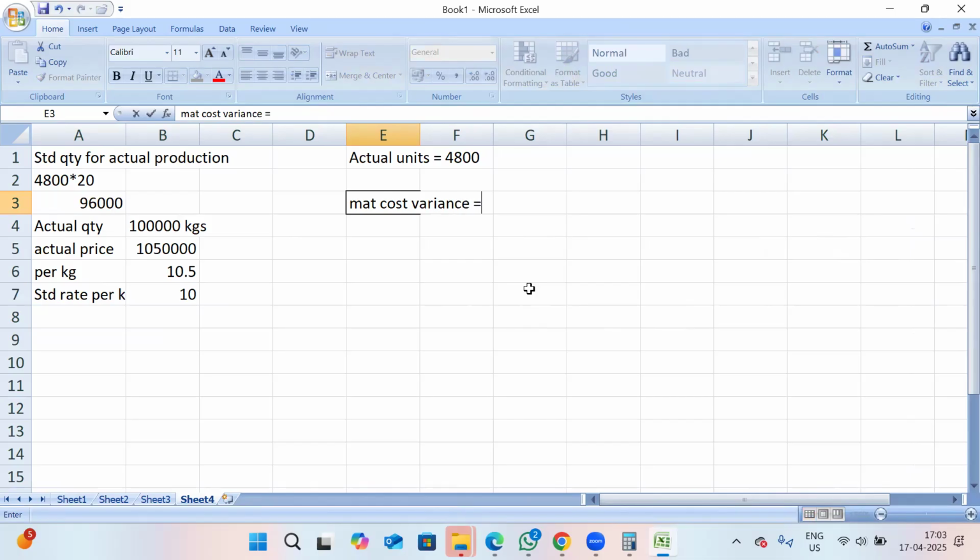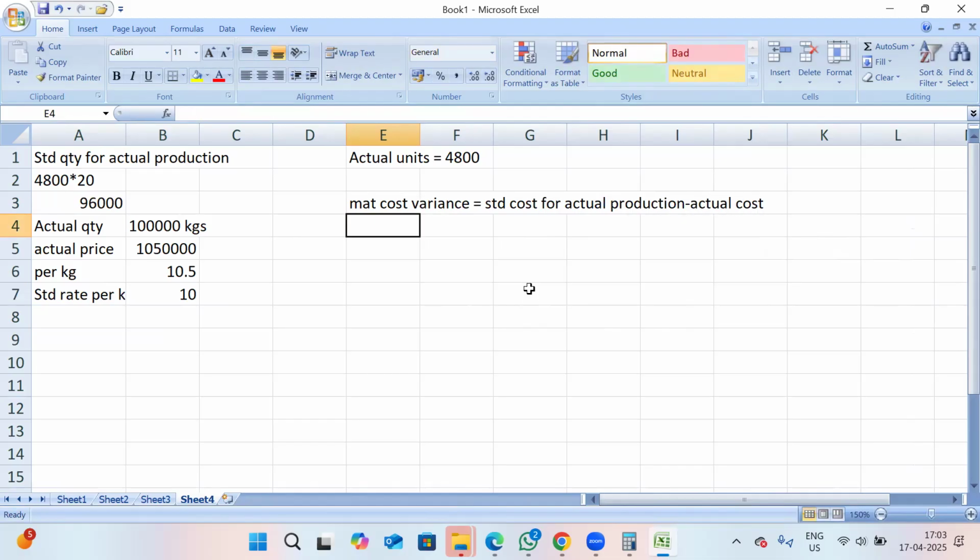Usually, if the name suggests cost variance, the difference should be computed between actual and standard cost. That means standard cost for actual production minus actual cost.